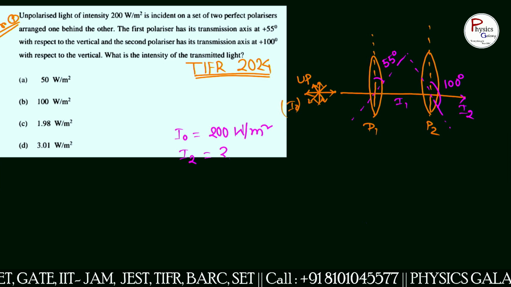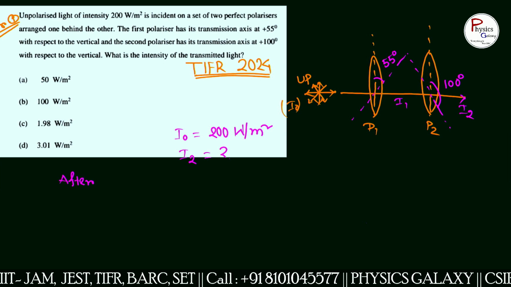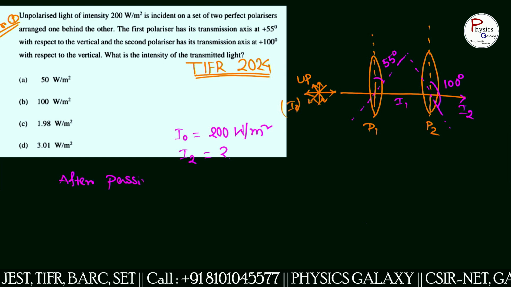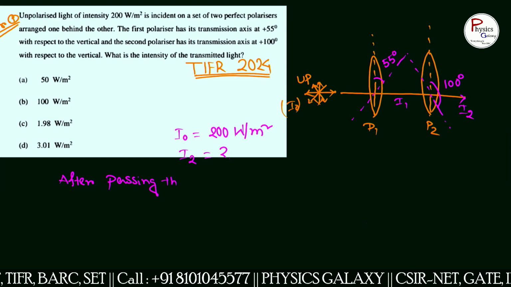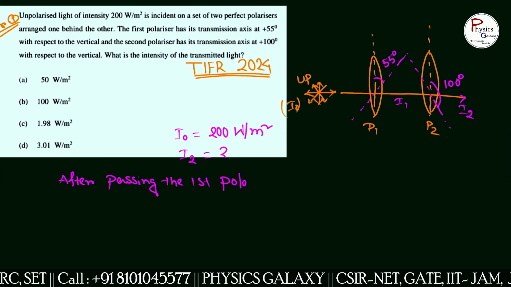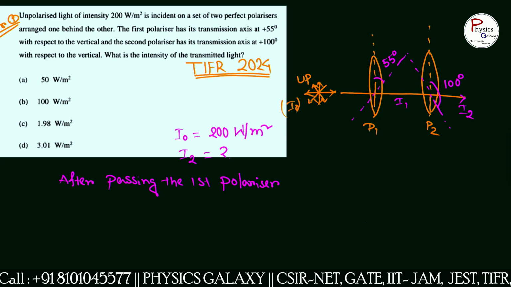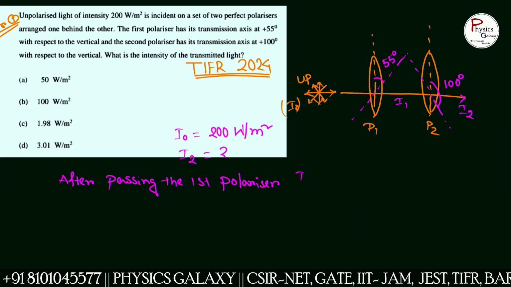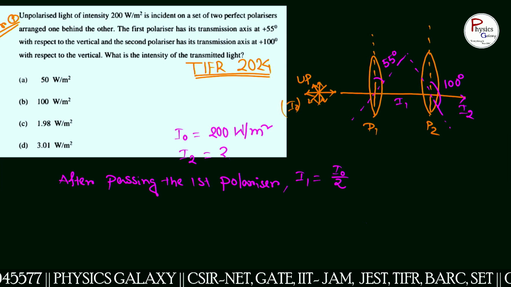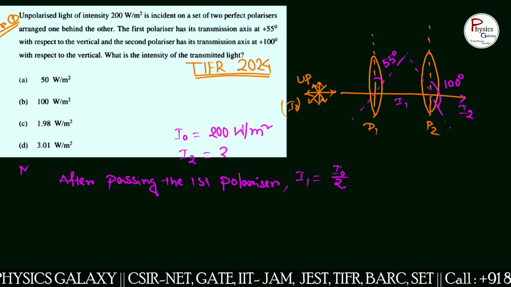After passing the first polarizer, the intensity of the transmitted light I1 will be I0 by 2, which is the special case of the Malus law.